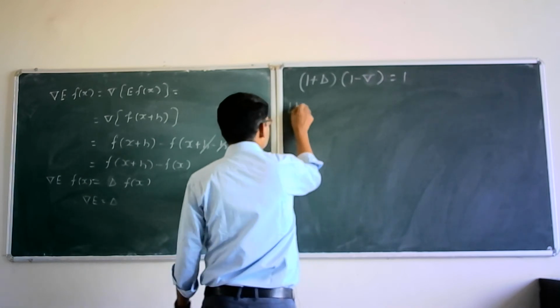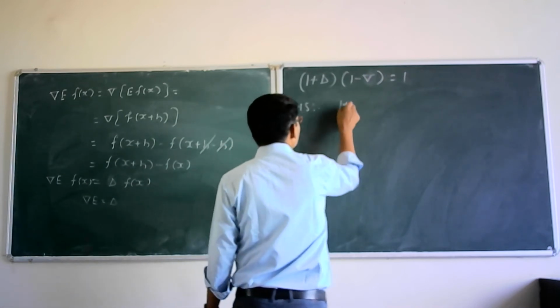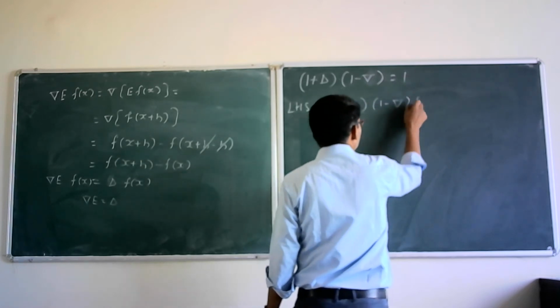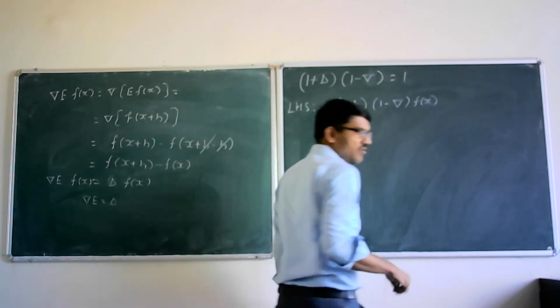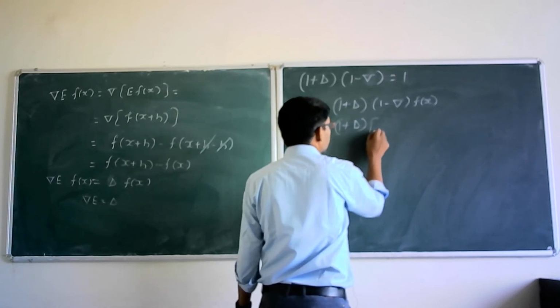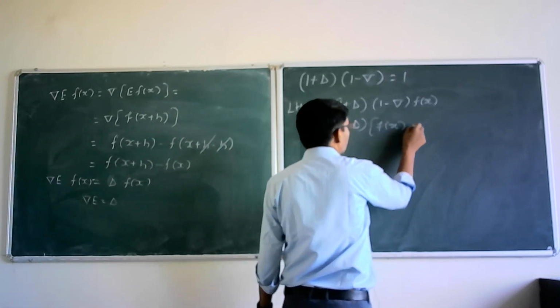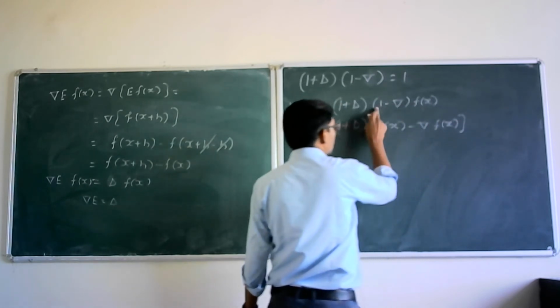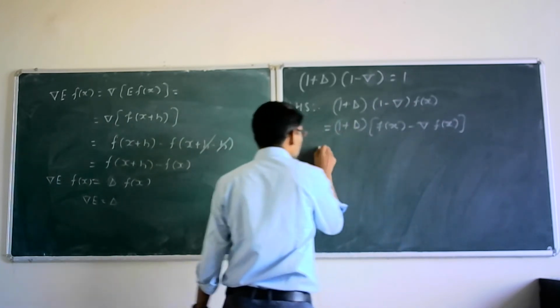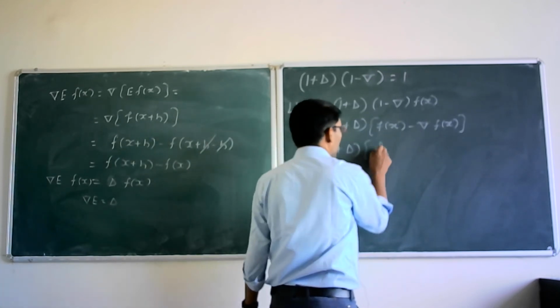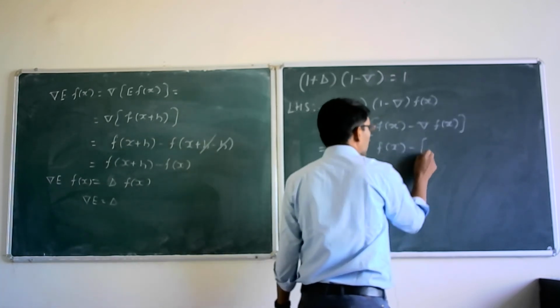So consider LHS. LHS is equal to 1 plus delta, 1 minus del f of x. So this is equal to 1 plus delta inside the bracket, f of x minus del f of x. First we apply this 1 on f of x and del f of x. So it is 1 plus delta inside the bracket f of x minus, what is del?